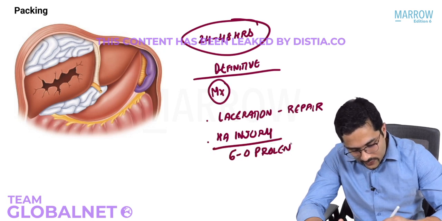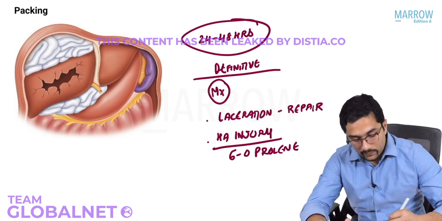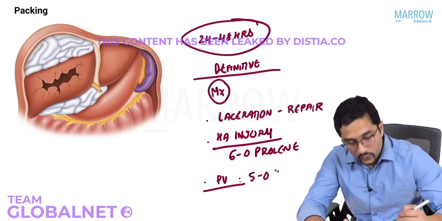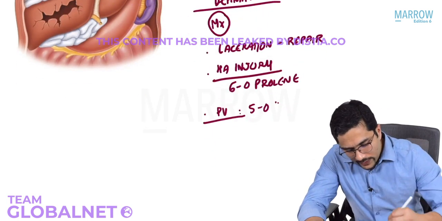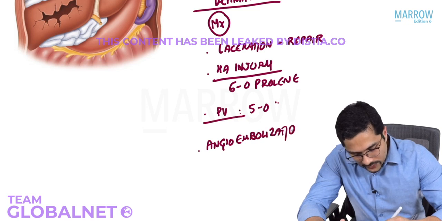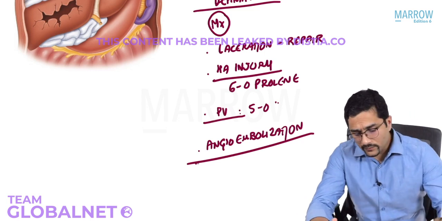We know that Prolene is used for vascular anastomosis. So for the hepatic artery, we use a 6-0 Prolene to repair it. For the portal vein, we use 5-0 Prolene to repair the portal vein. Also, angioembolization is being used if there is bleeding from the liver. That is also being used to control the bleeding.